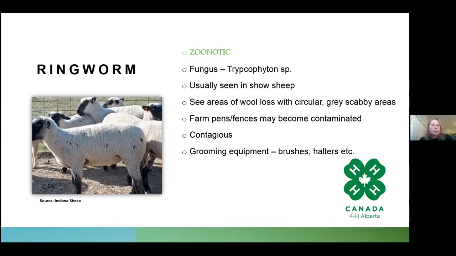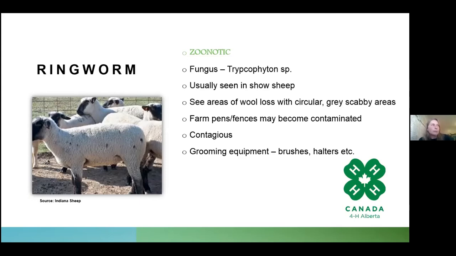So this parasite is a fungus. There are a bunch of different types of this fungus that can cause ringworm, Trichophyton species, but in sheep, it's usually a Trichophyton. And it's very frequently a show sheep disease.